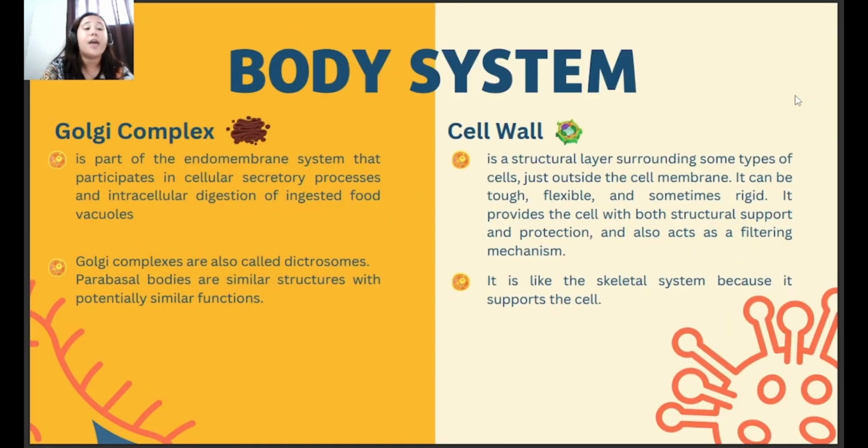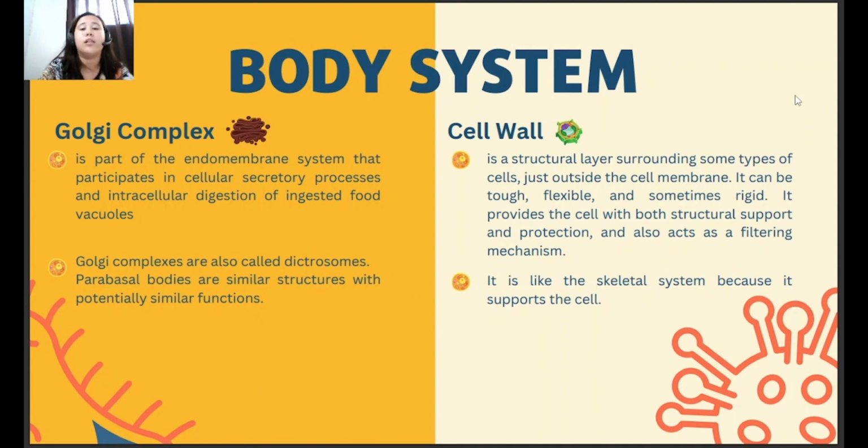Next is the Golgi complex. The Golgi complex is a part of the endomembrane system that participates in the cellular secretory processes and intracellular digestion of ingested food vacuoles. Golgi complexes are also called dictyosomes. Parabasal bodies are similar structures with potentially similar functions.